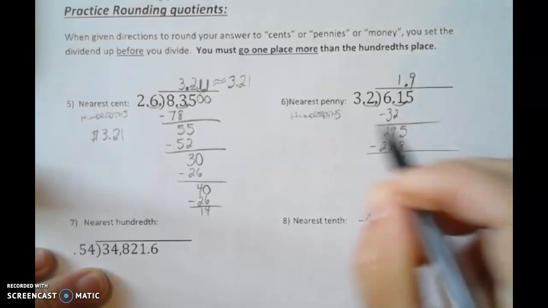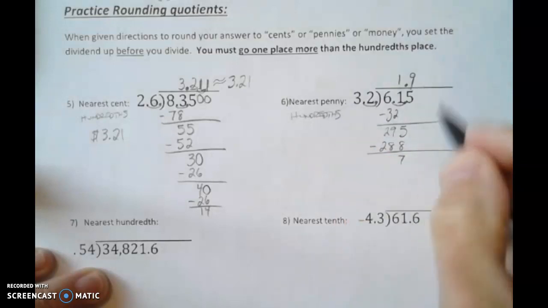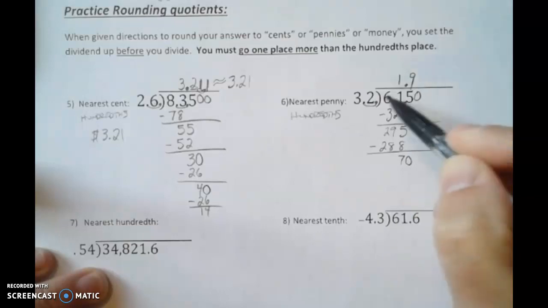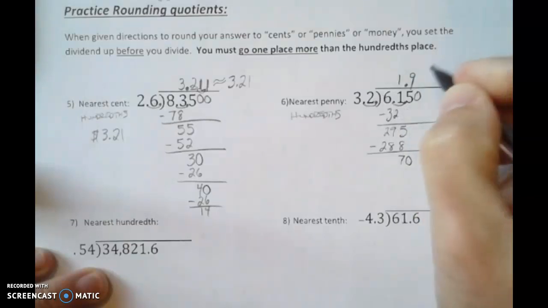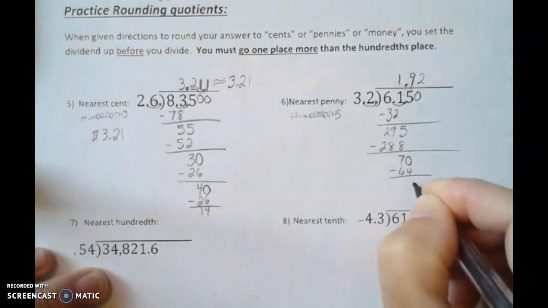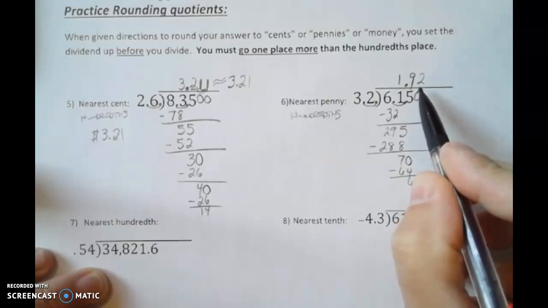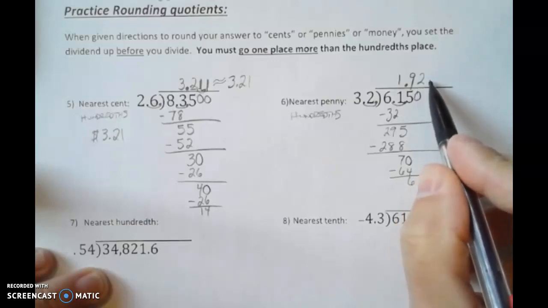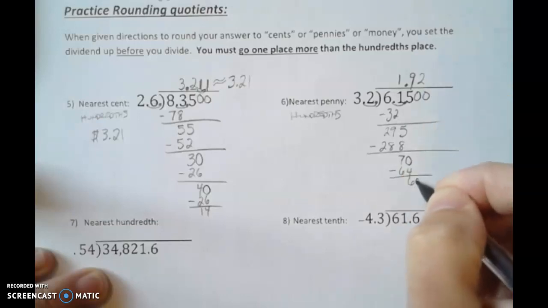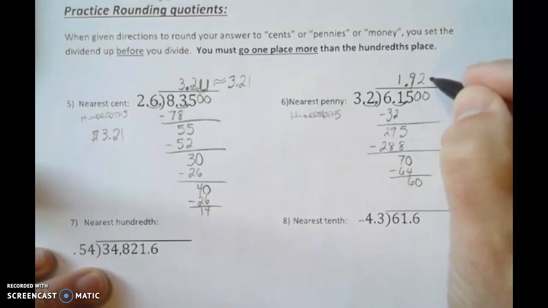I need to go down to at least the thousandths place in order to round to the hundredths place, so I need to keep going. I'm going to add a 0 and bring it down. 32 goes into 70 2 times. 2 times 32 is 64, leaving us with 6. And again, I've got my hundredths place, but I need to know what the next place value is to know if I'm going to round up or down. So I'll do one more 0 and bring it down. 32 only goes into 60 once.